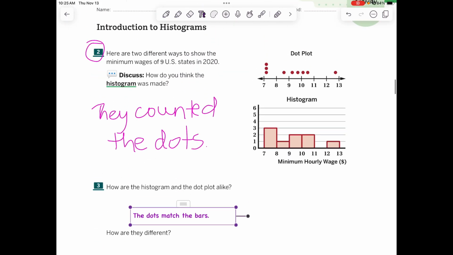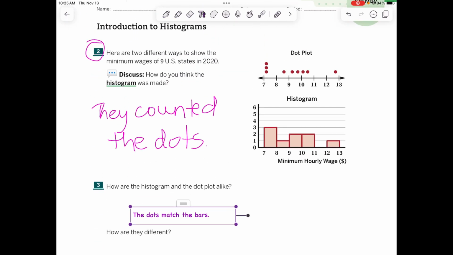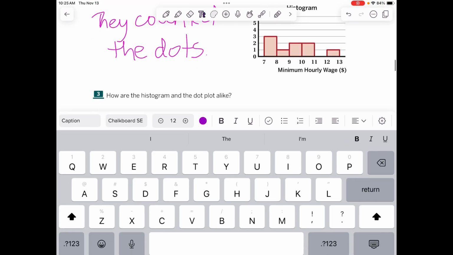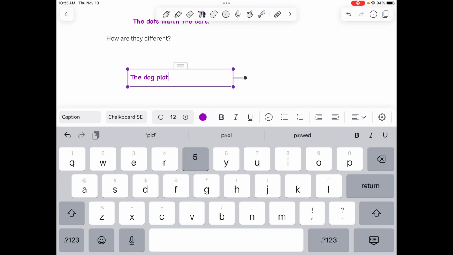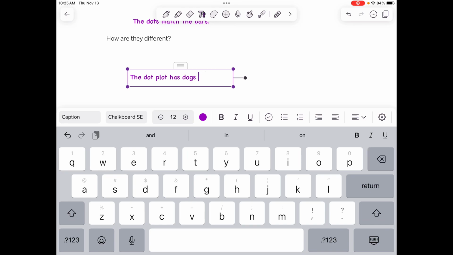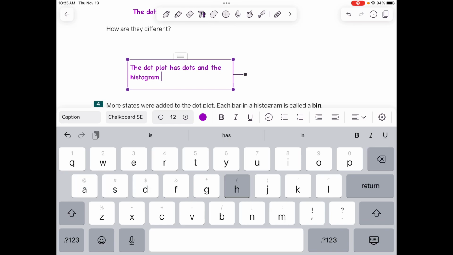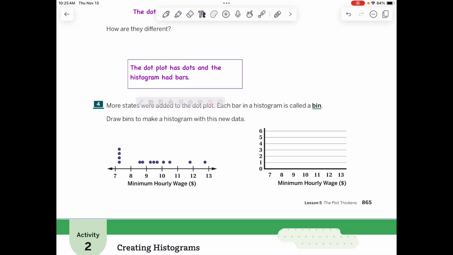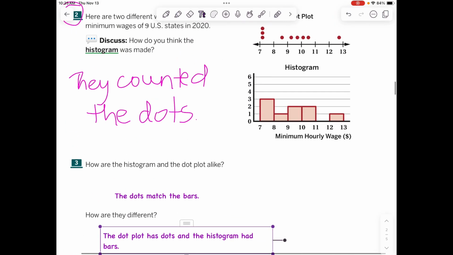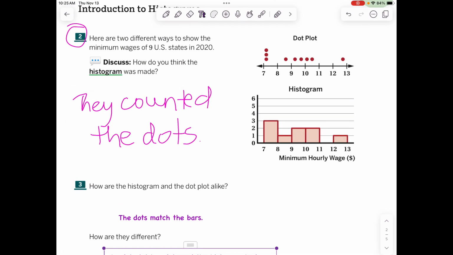Well, it's pretty obvious because the dot plot has dots and our histogram has bars. If you want to type other reasons, you certainly can, or write different reasons, that's fine. Those are just the 2 observations I made, okay?